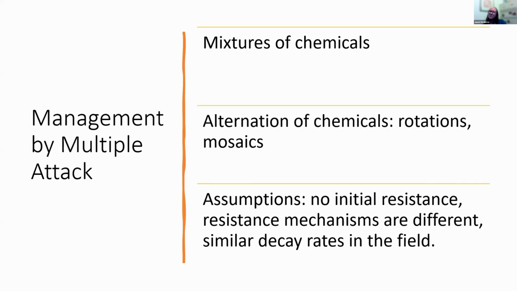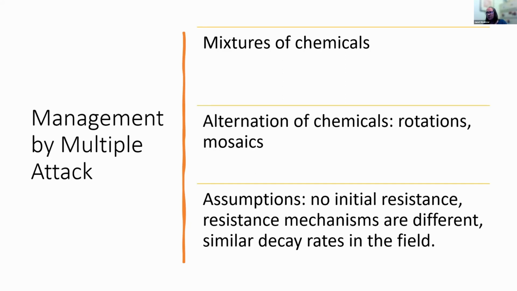And then there's management by multiple attack. That's the third strategy. That's where you use a mix of chemicals. And the idea behind this is that you have two different chemicals with two different modes of action, which makes it much harder for the insect to be able to develop some sort of resistance that is going to work on both of those modes of action at the same time.